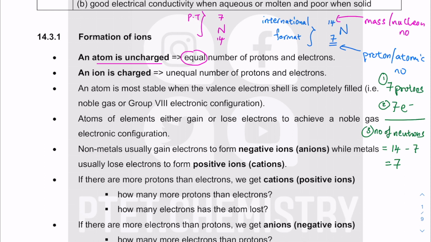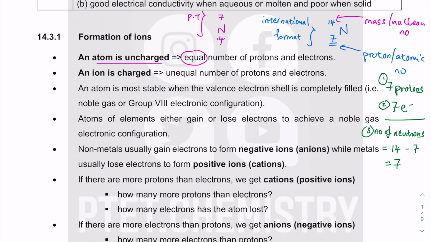Equal number of protons and electrons, because you have an atom which is uncharged, so the positive charge of the protons must be balanced out by an equal number of electrons which have equal and opposite charge to the protons. Neutrons are uncharged. These are all in that table of relative charges and relative masses that Cambridge or any other exam boards like to ask the 14 to 16 years old students.